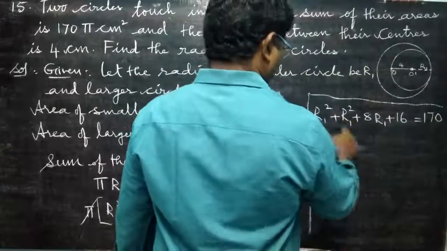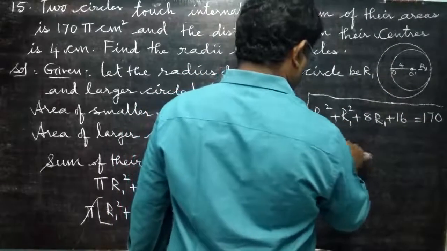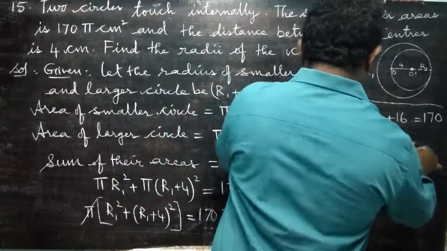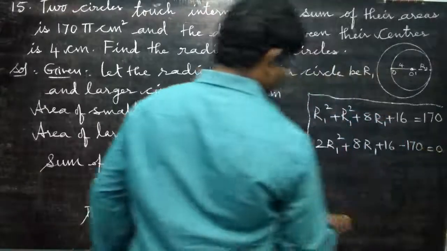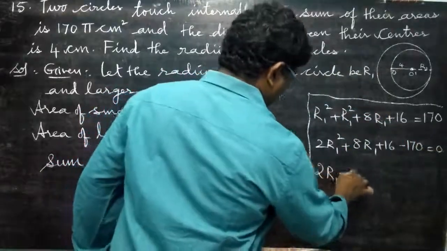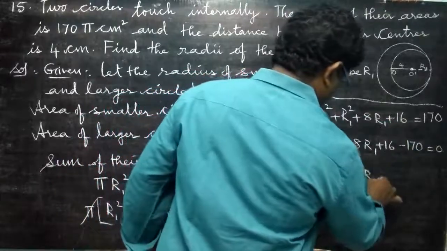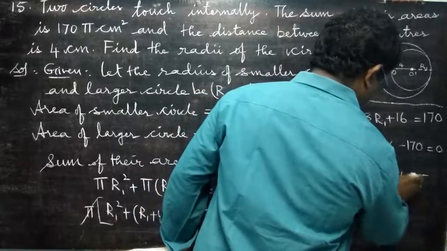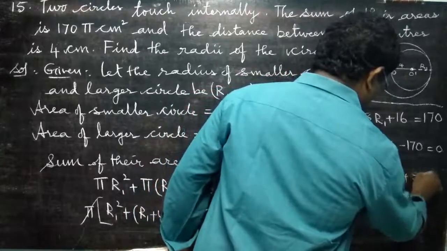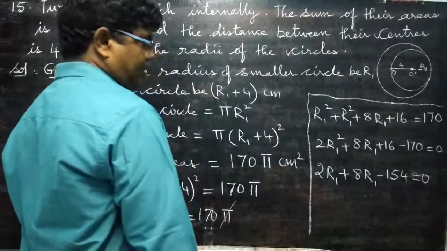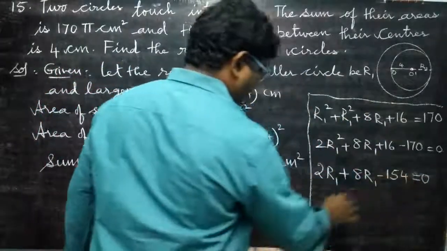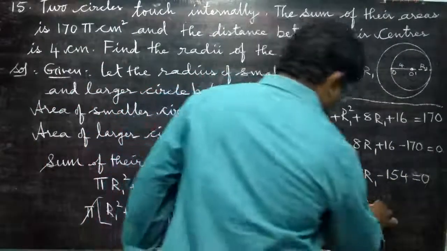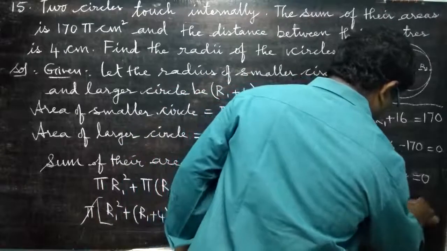Now 2R1 square plus 8R1 plus 16 minus 170 is equal to 0. 2R1 square plus 8R1 minus 154 is equal to 0. Able to follow? Now 2 table is common. 2 1s are, 2 4s are, 2 7s are 14, again 2 7s are 14 is equal to 0.